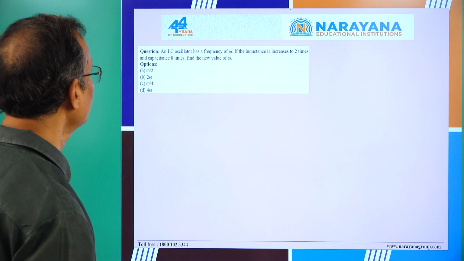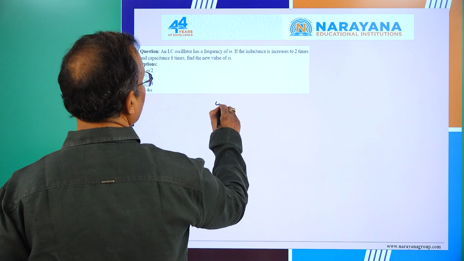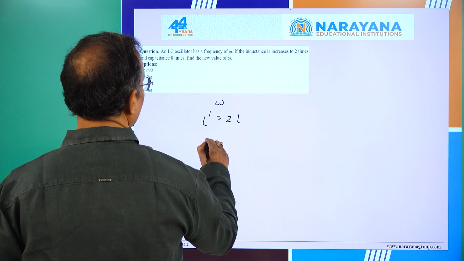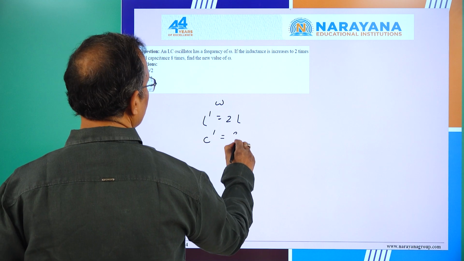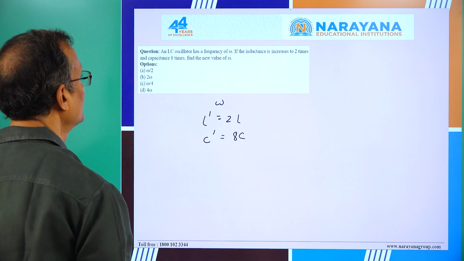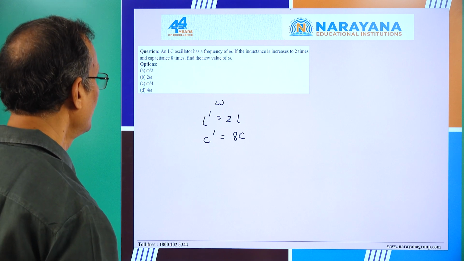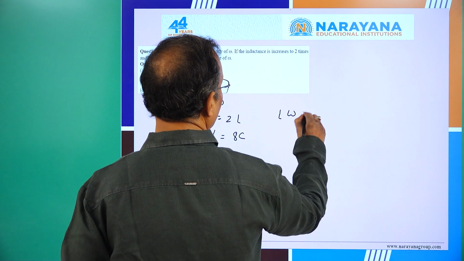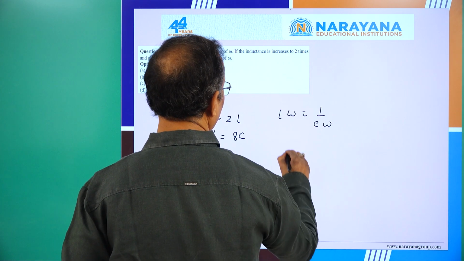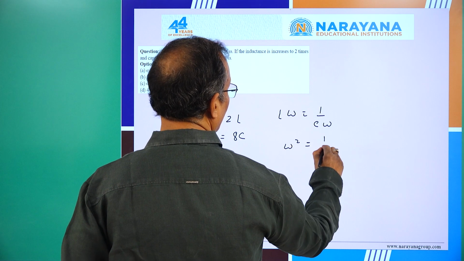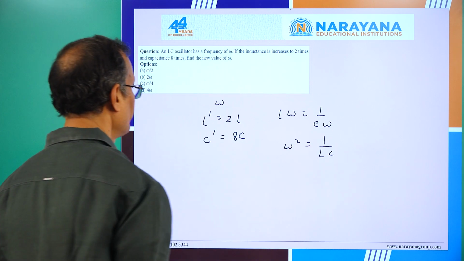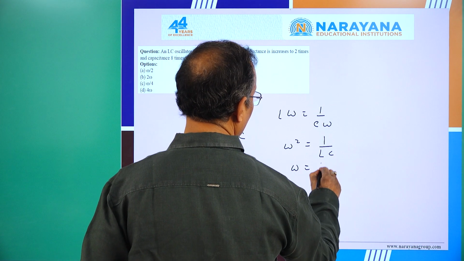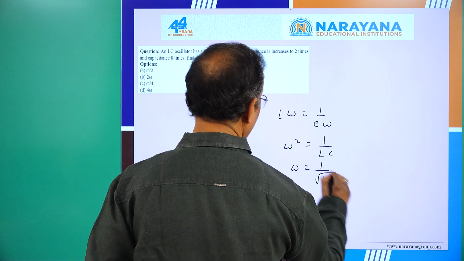An LC oscillator has frequency omega. Inductance is increased, L dash is 2L, and capacitance is increased 8 times, C dash is 8C. They are asking you omega. L omega equals 1 by C omega, so omega squared is 1 by LC. So omega equals 1 by root LC.